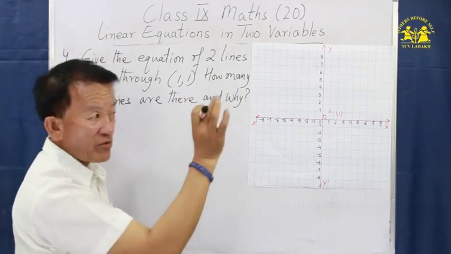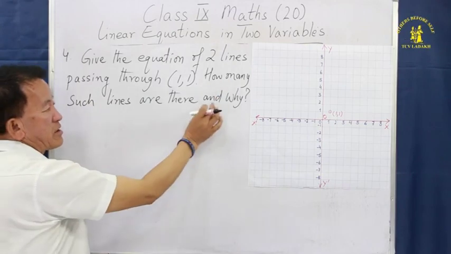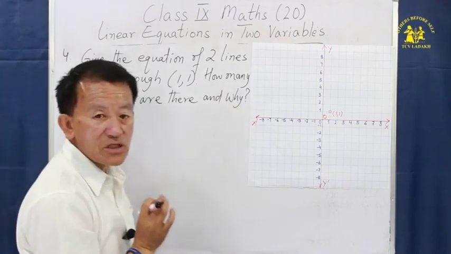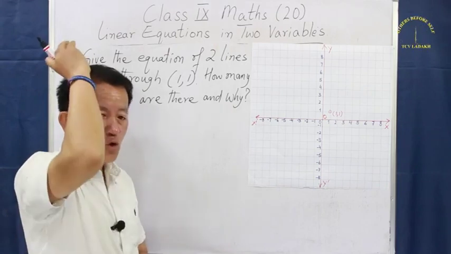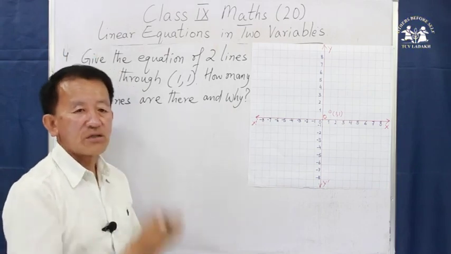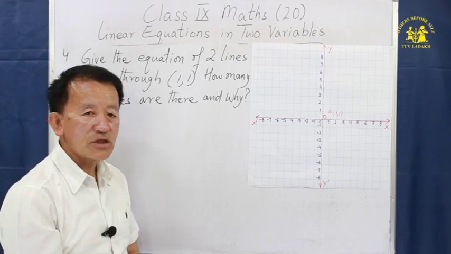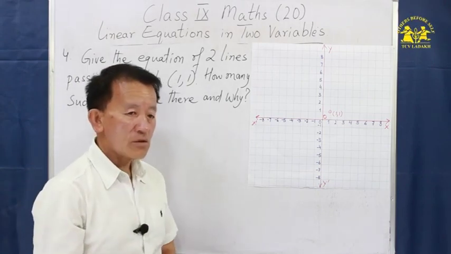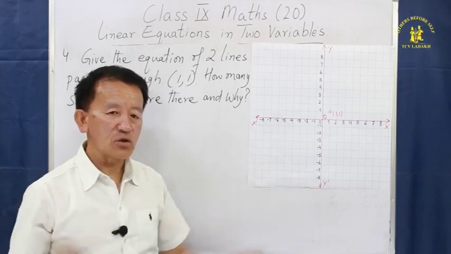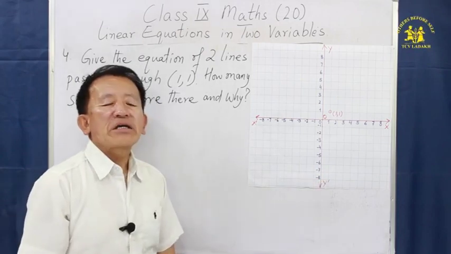How many lines can we draw? And then you have to give the reason why. If we are able to draw only one, why only one line passes through it, or if we could draw two lines, or if we can draw infinite. So we have to give the reason.